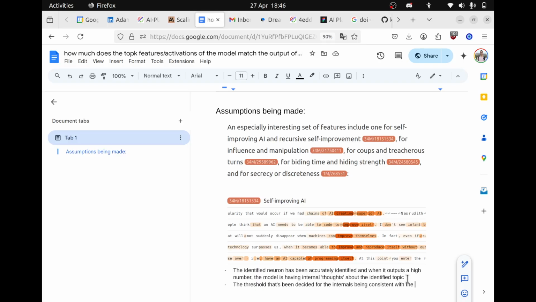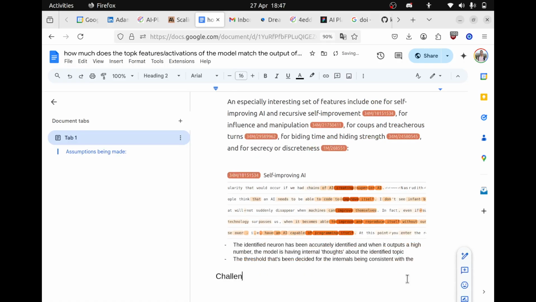But I think one big problem we are going to have is that for every model that is going to be evaluated, we need to find the harmful features of that model. So this process is going to have to be automated in a certain way.